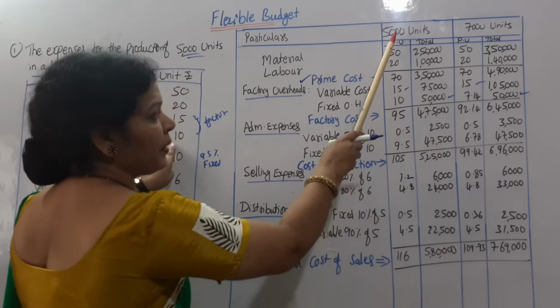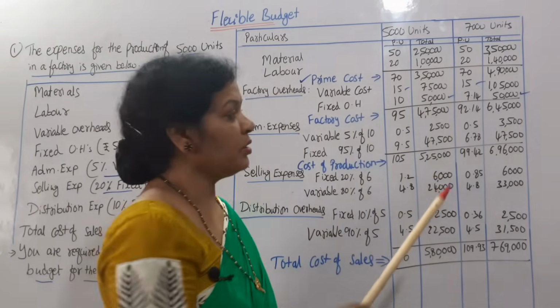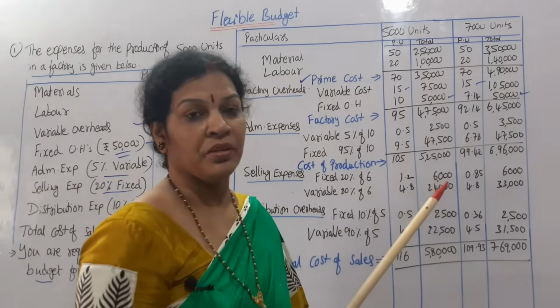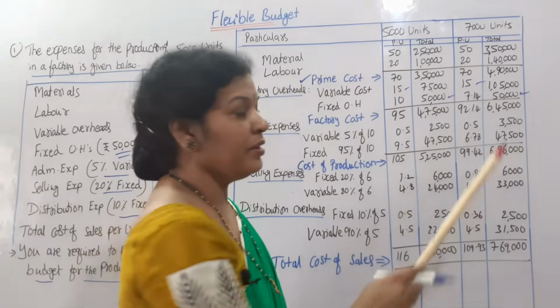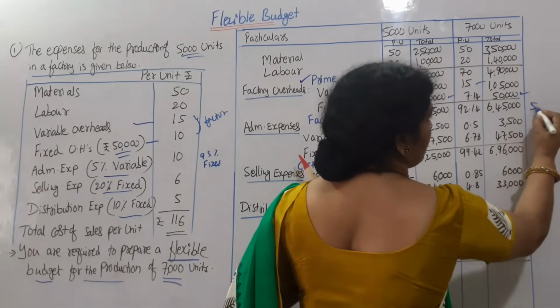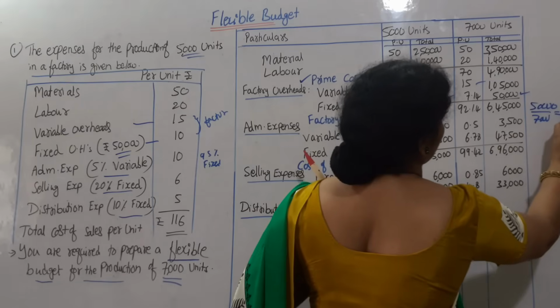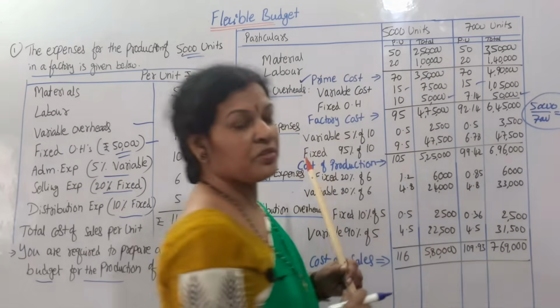Now for these 7,000 units, how much it comes to means 50,000 divided by 7,000. So that you get 7.14. Per unit is 7.14. Remember this.